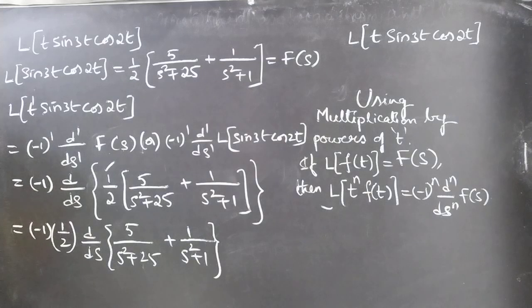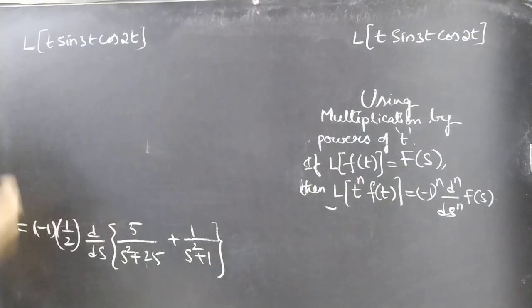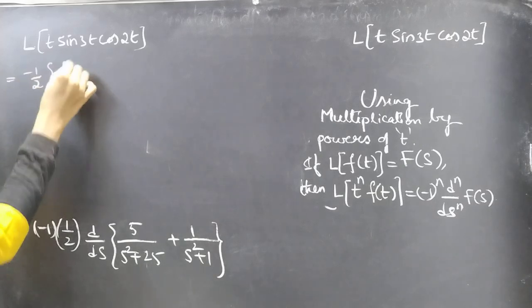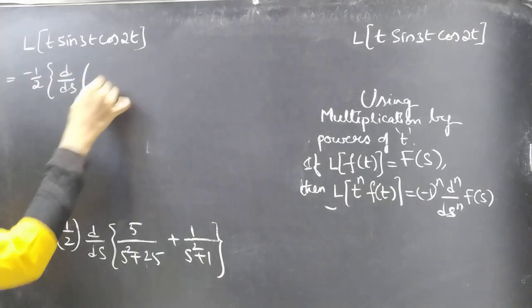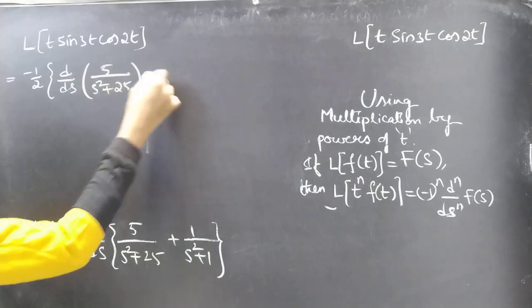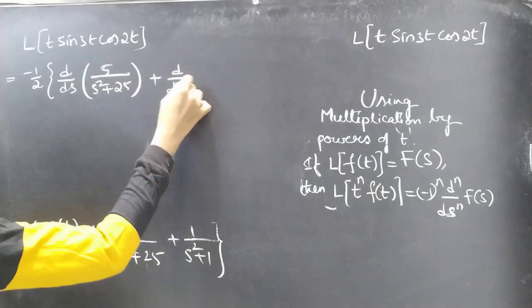Okay, fine. This gives us minus 1 by 2 into derivative of the first term plus derivative of the second term.